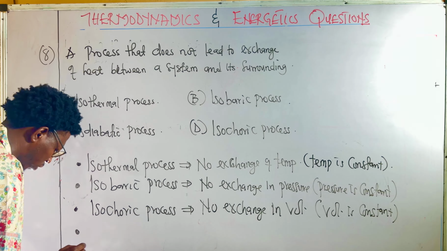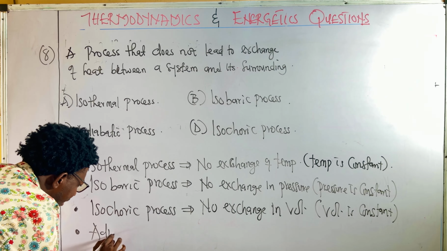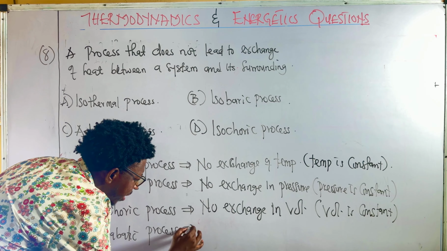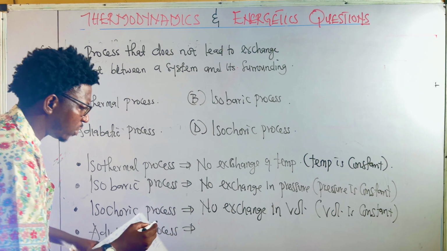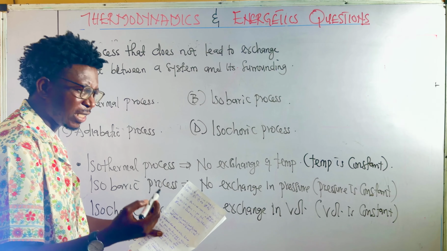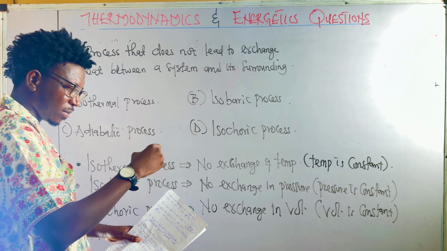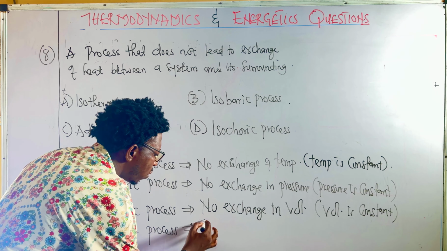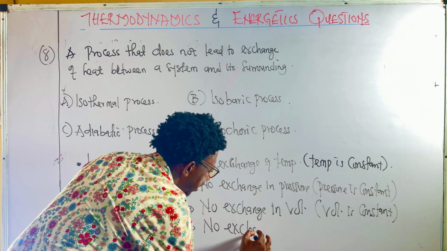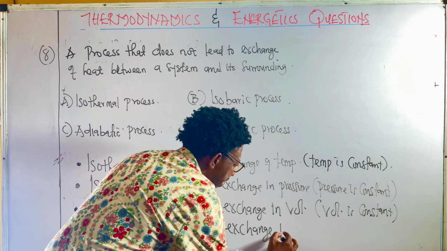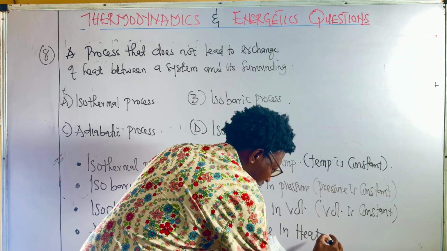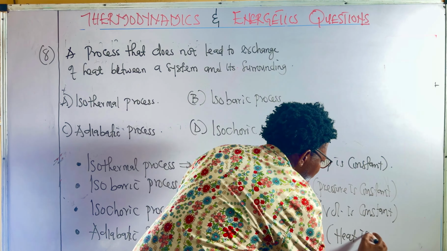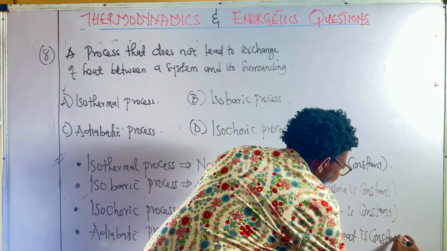Then we move to the next one, adiabatic process. This is any process that does not lead to any exchange in heat. Don't mistake isothermal for adiabatic. No exchange in heat. So we say heat is constant.